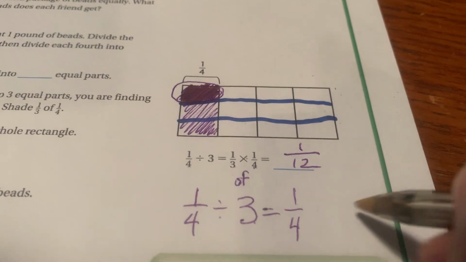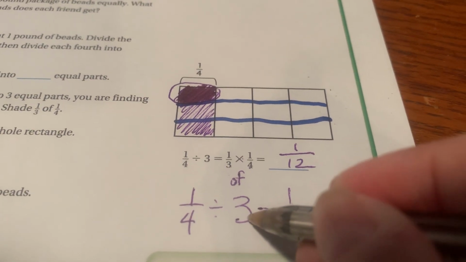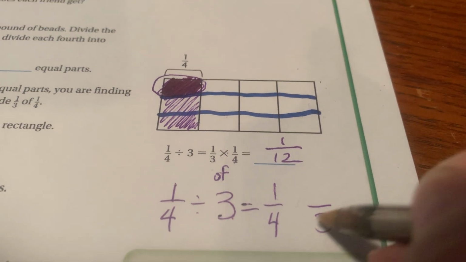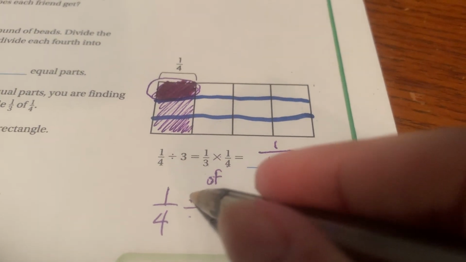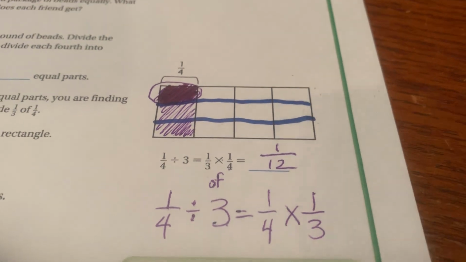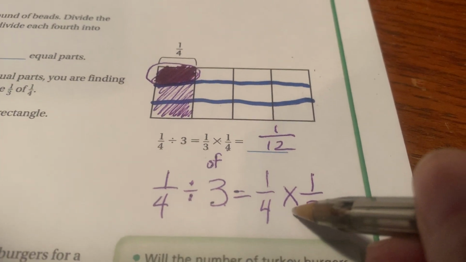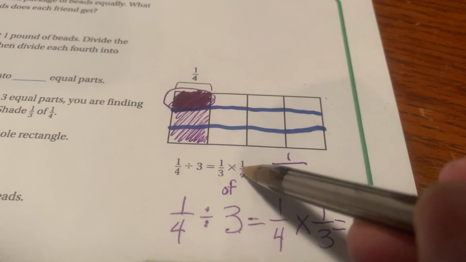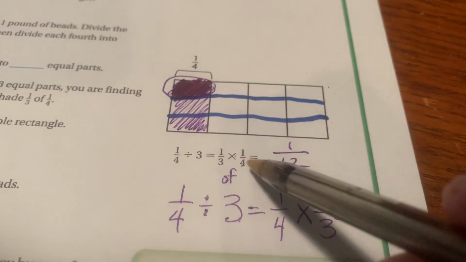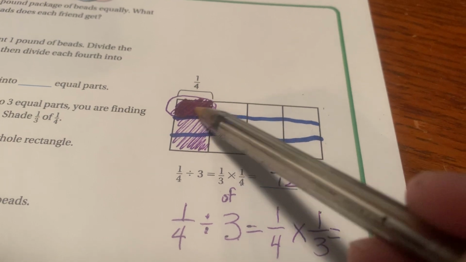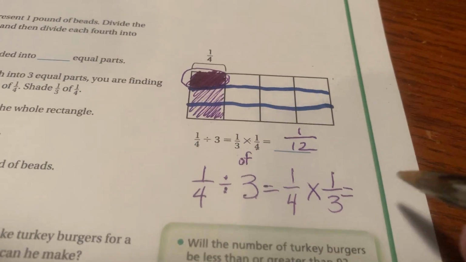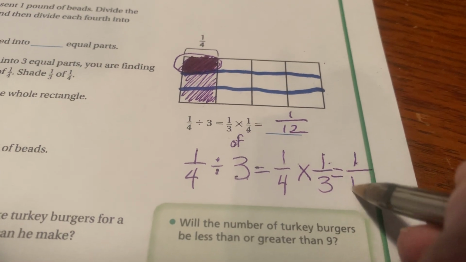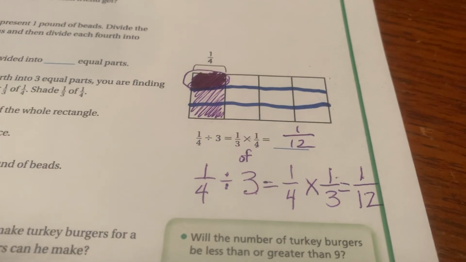We're going to flip the 3 to find the reciprocal, which means we're going to put the 3 on the bottom and the 1 on the top, and then we are going to change that division symbol to be the multiplication symbol, and look at that. That makes sense because that's exactly what we just did. We found 1/3 of 1/4. And again, we're going to multiply across. 1 times 1 is 1. 4 times 3 is 12.